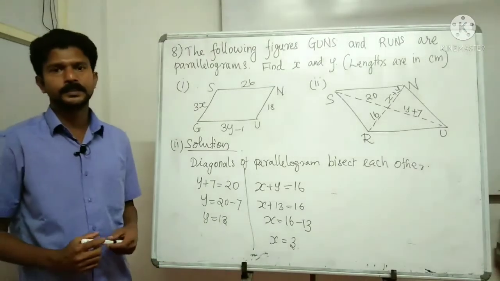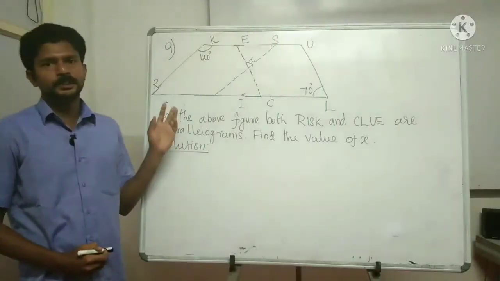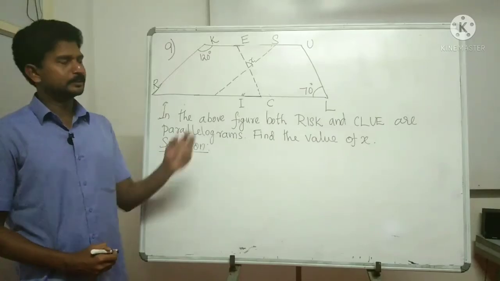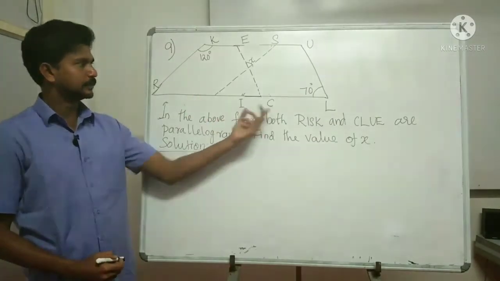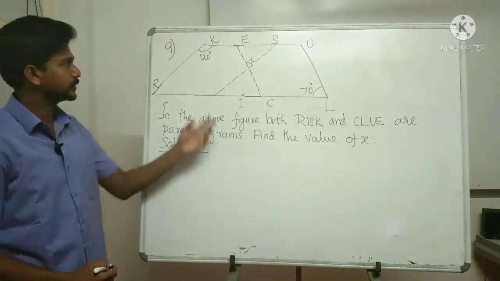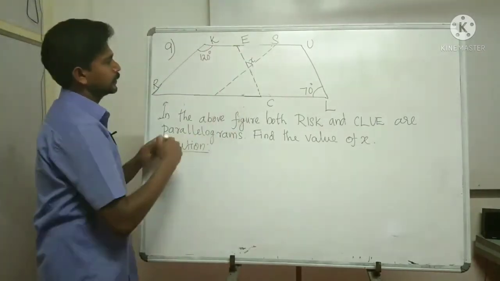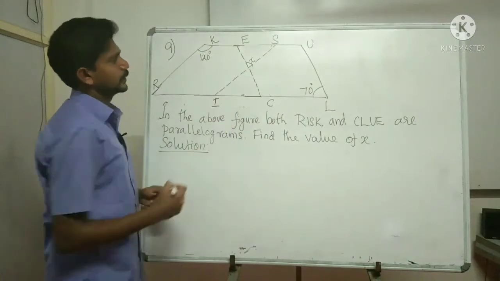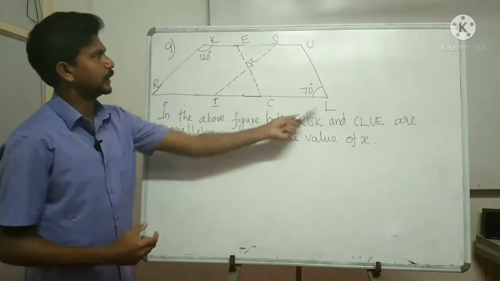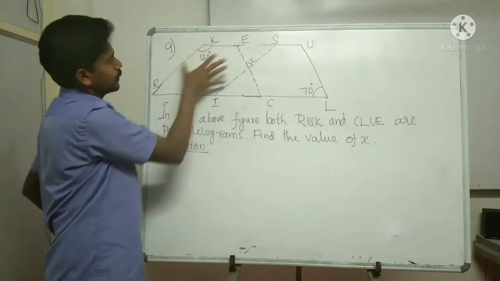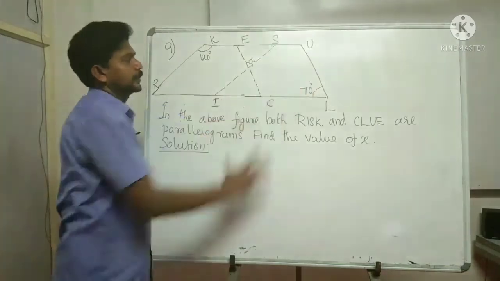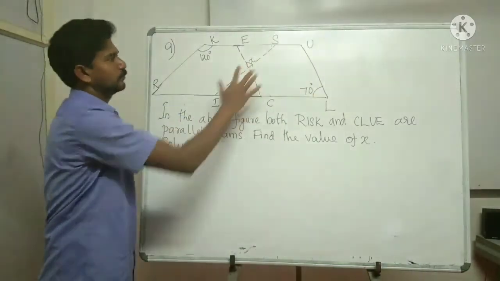Okay. Let us see the next question. Next we are going to see question number 9. Here there are given two parallelograms. One name is RISK, R-I-S-K. Another one is given name as CLUE, C-L-U-E. So here one parallelogram, here another parallelogram is given. We have to find the value of x.